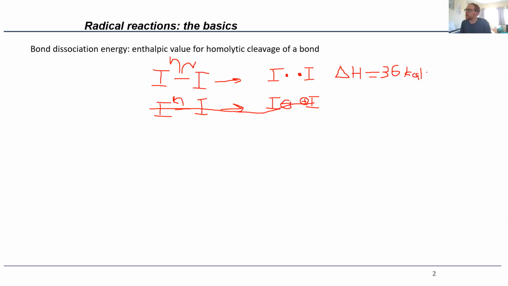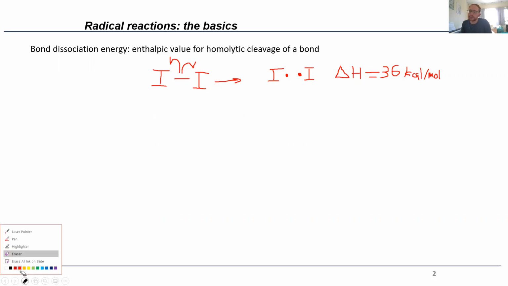So for radical reactions, an important factor is bond dissociation energy, because radical reactions tend to involve the breaking of weak bonds.